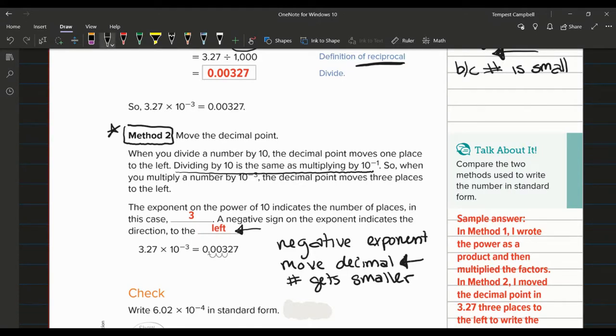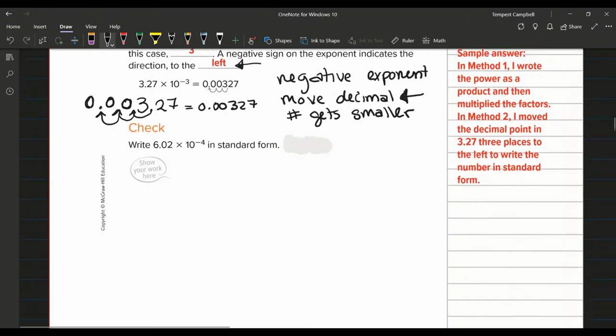So if we have 3.27 and we go to the left, we're going to go 1, 2, 3. So now our decimals here, we have 0 here, 0 here, and a 0 here. So that's why our answer is 0.00327. All right, go ahead, try the check.